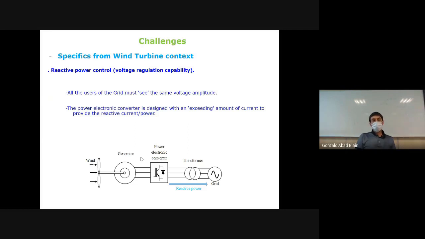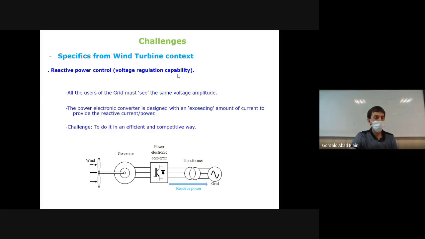But in order to do it efficiently and competitively between manufacturers, it's a challenge to find how much current you have to prepare for the reactive power in order to have voltage regulation capability.